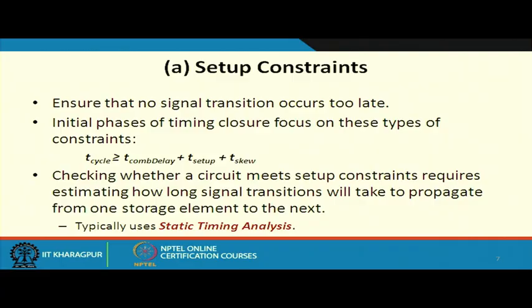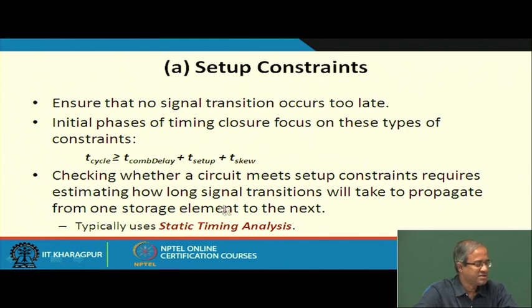From the output of a storage element, how much time does a signal transition take to reach the input of the next storage element? This process is carried out through a technique called static timing analysis. We shall be discussing this in more detail later.